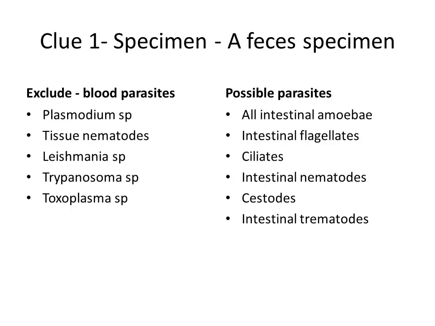By using the first evidence, we can exclude some parasites and include some parasites. The first evidence is the specimen. It is the feces sample. So by using this we can exclude all the blood parasites like Plasmodium species, tissue nematodes, Leishmania species, Trypanosoma species and Toxoplasma species.